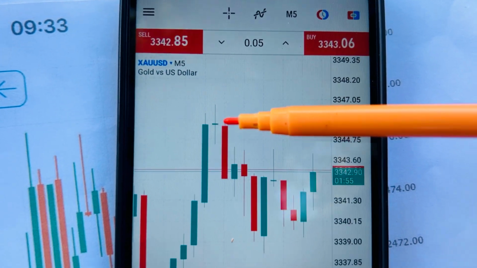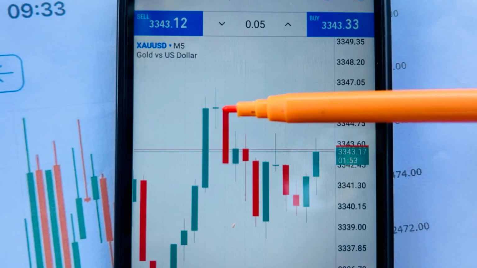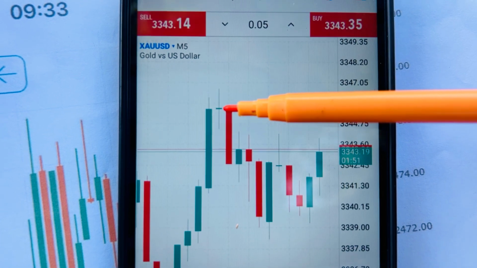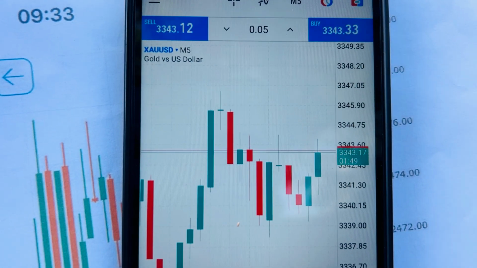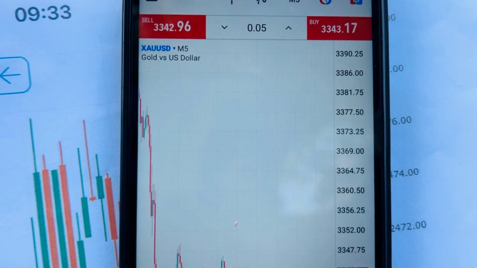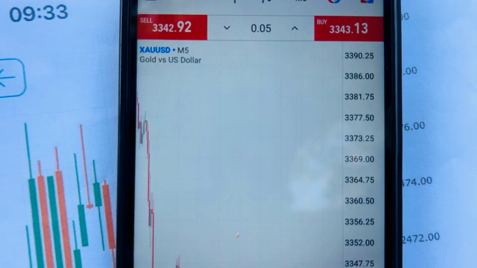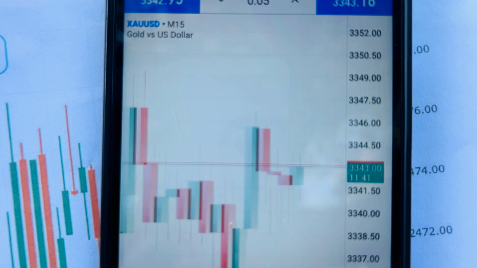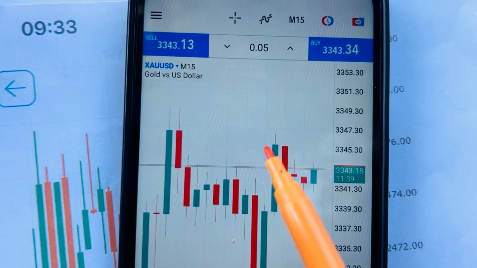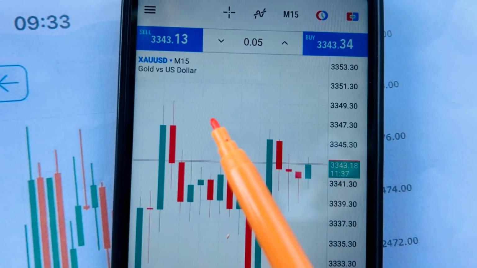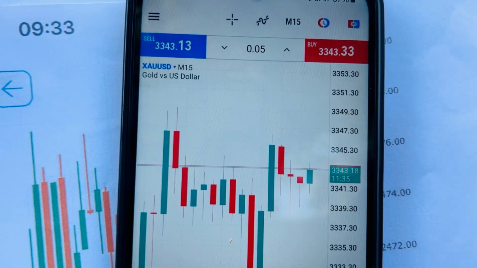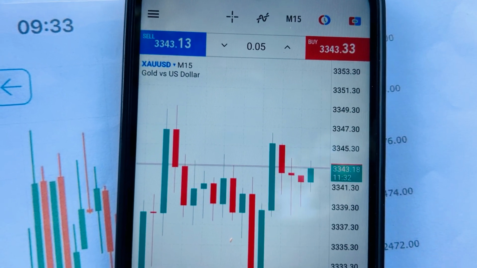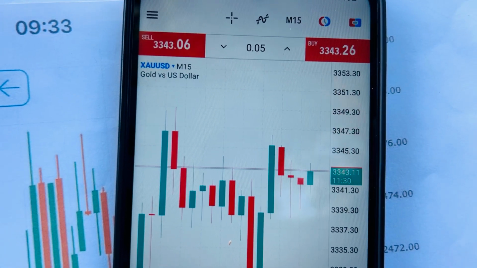Seems like an engulfing, but it's not, because the open price is below the previous candlestick. So in this case, we can zoom out, change time frame to 15 minutes, and we can see that we are waiting to take an entry of a sell over here. But now we can go ahead and get in with a buy, but that's not recommendable.